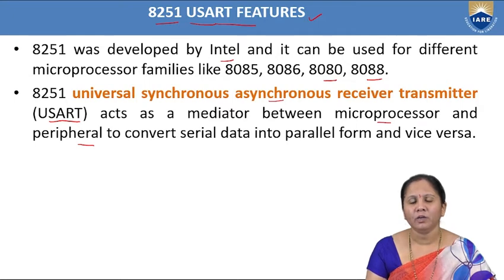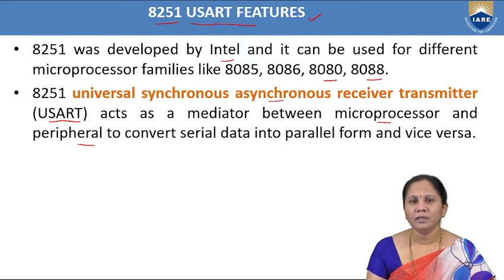So in order to have data transfer between the peripheral devices and the microprocessor, it is necessary to convert serial data to parallel data. And in order to communicate from the microprocessor to the peripheral devices, it is necessary to convert parallel data to serial data.